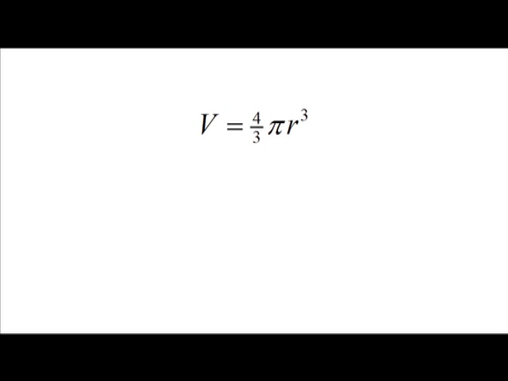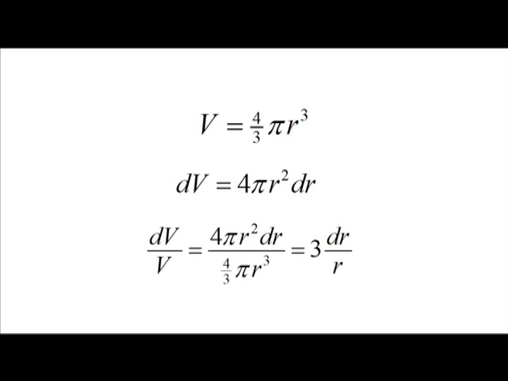So, taking differentials, we obtain dV is equal to 4 pi r square dr. It then follows from the formulas for V and dV that dV by V is equal to 4 pi r square dr all divided by 4 by 3 pi r cube, which is equal to 3 times dr by r.